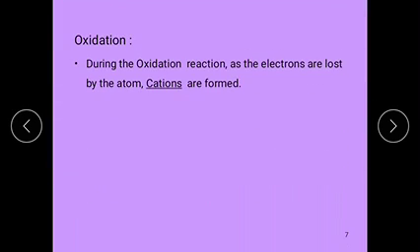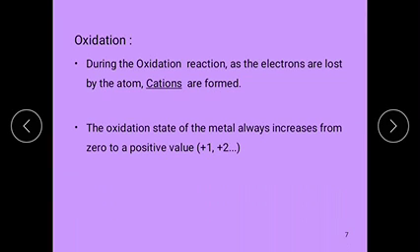During the oxidation reaction, the electrons are lost by an atom, and then it forms cations. The oxidation state of a metal always increases from 0 to a positive value.